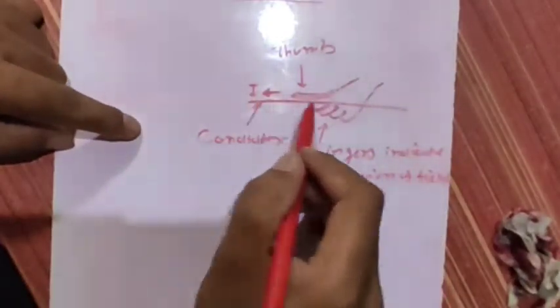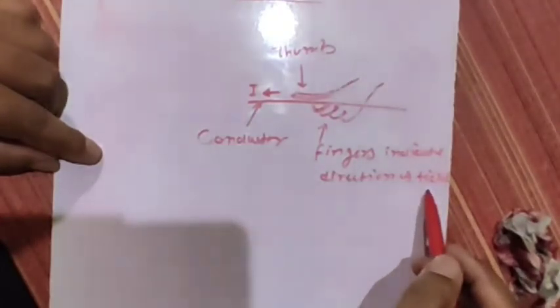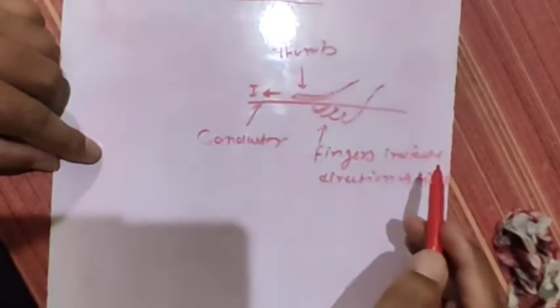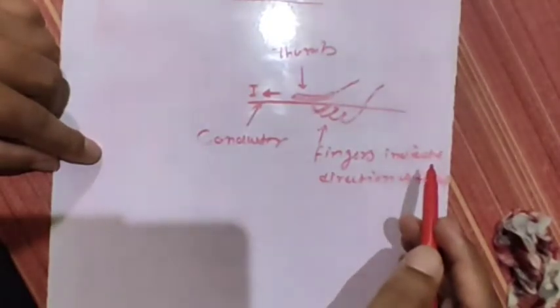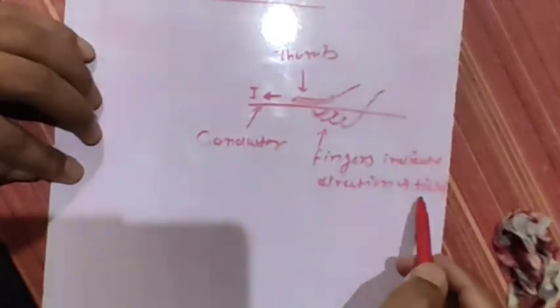The direction of the thumb indicates current, and the fingers indicate the direction of the field, the magnetic field or flux. So the right hand rule is used to find the direction of current and direction of field.